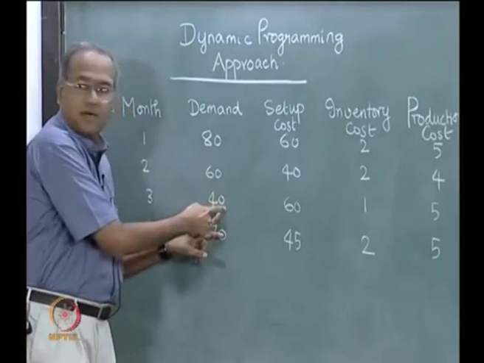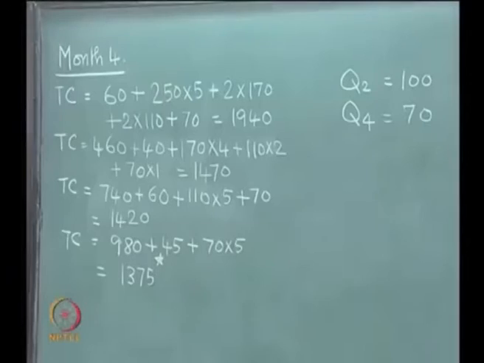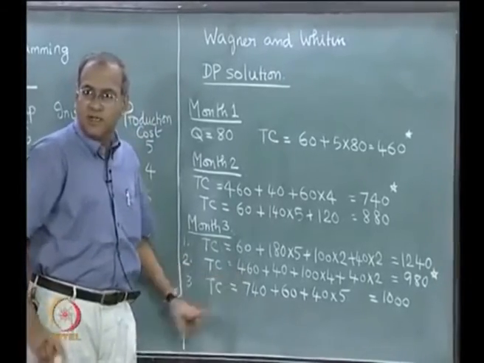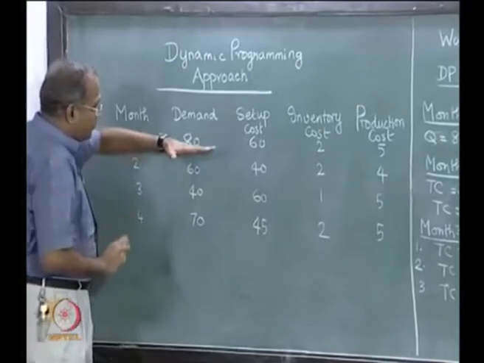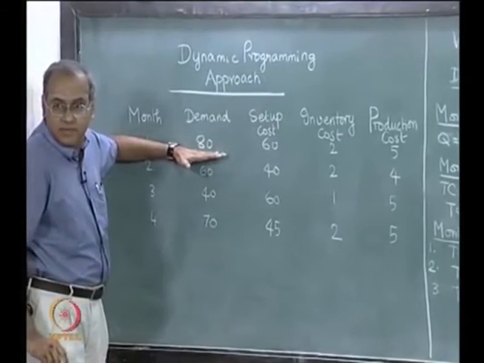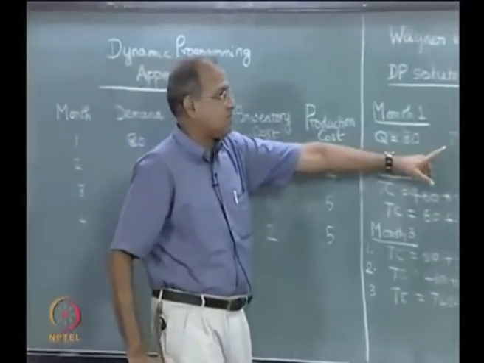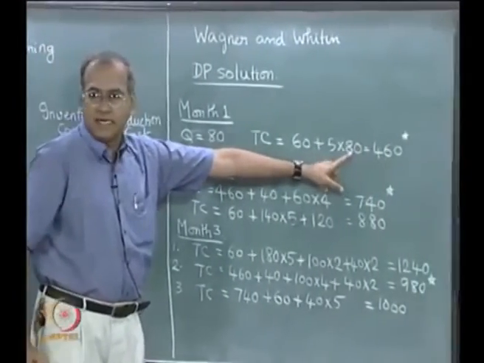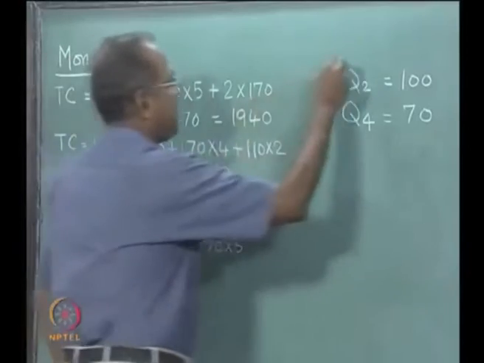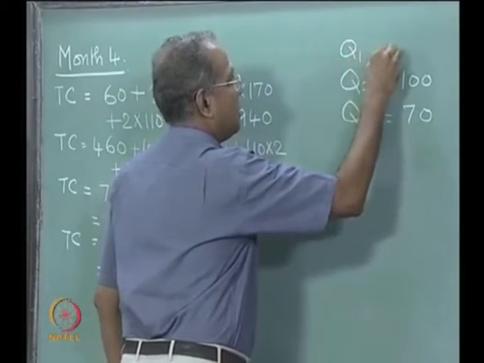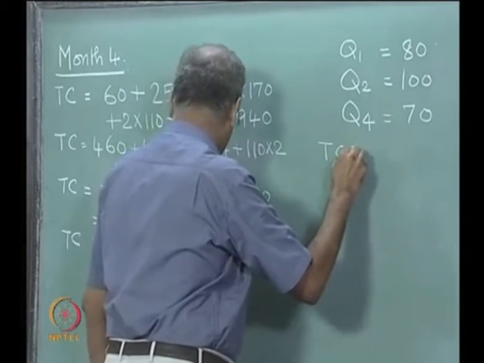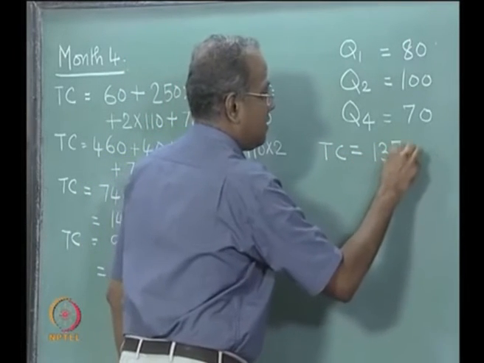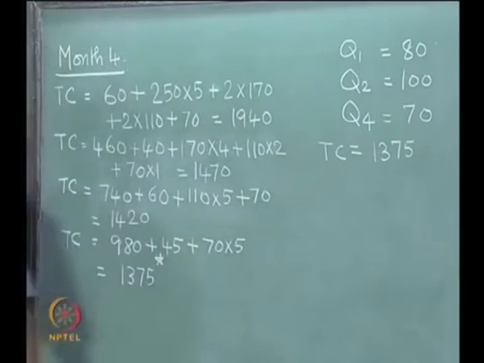So, Q2 is 100, and you also realize that 460 comes here. Indirectly, you also realize that here I have produced 100. So, I have to look at the optimization here, which happens at this point, production quantity is 80. So, Q1 is equal to 80. Now, total cost is equal to 1375.